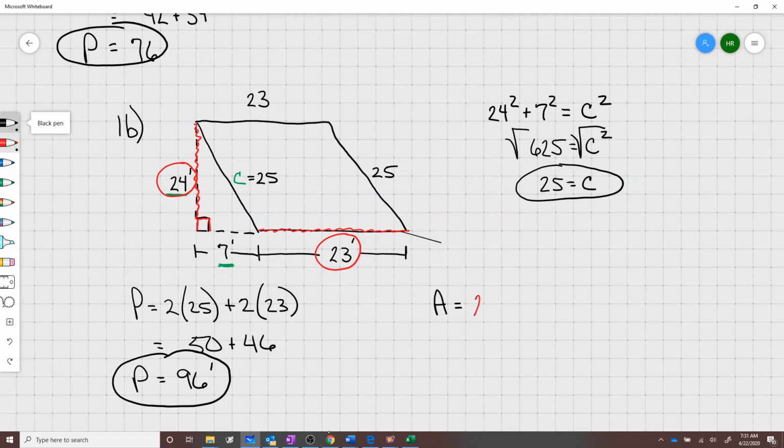So the area is going to be equal to 23 times 24, and the area of the shape is going to be equal to 552.